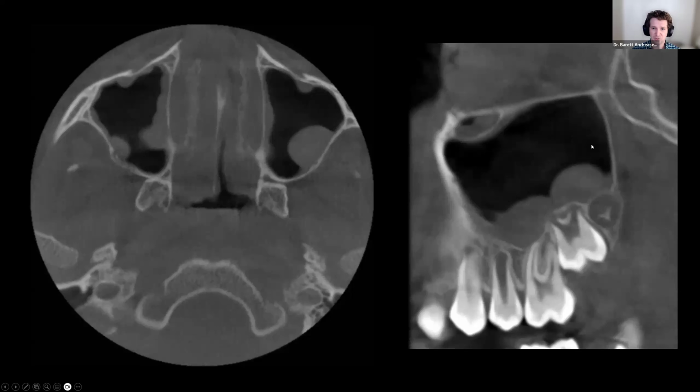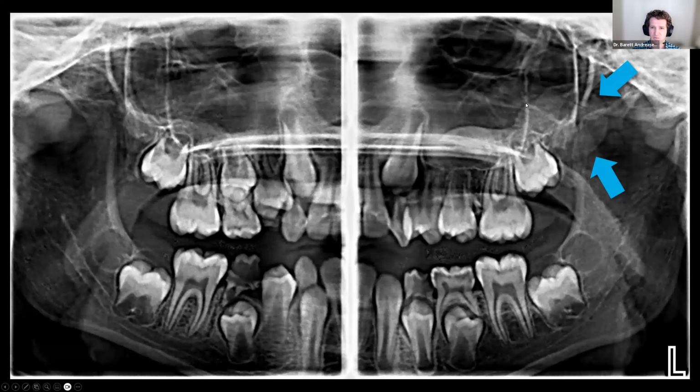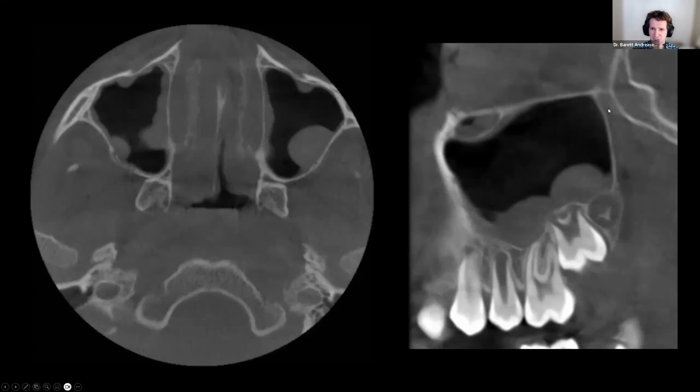If we back up to this pano, we were certain that this had extended past that posterior wall of the maxillary sinus. And so pulling up the CBCT scan again, we can see that there's no changes here, no changes here. Everything looks absolutely normal, which is great for this patient. Again, they're very young, they're developing all their dentition here.